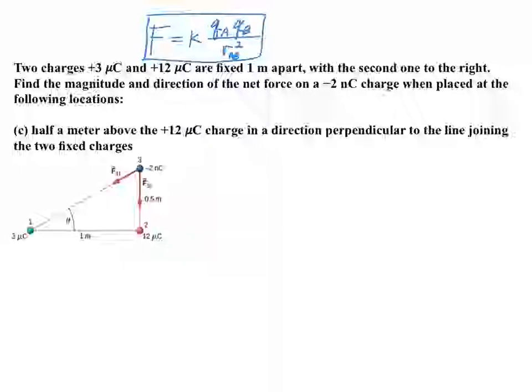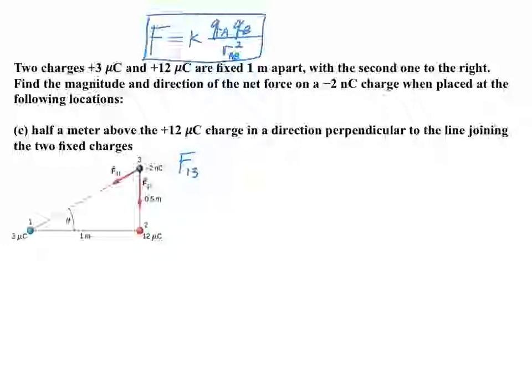So let me write this, and then we'll try to figure out what this means. The force 1 on 3. Now, in your textbook, I think they reverse the subscripts. It's the force between these two charges. If I want to think force 1 on 3, or the force on 3 due to 1, I could write F31. It'd be the same thing.